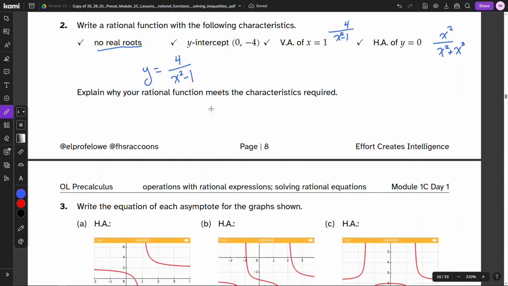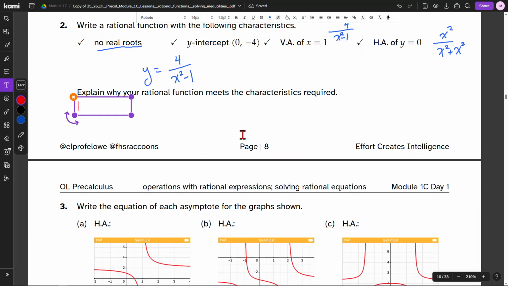And then explain why the rational function meets the characteristics required, right? That is the sort of thing that we need to be sure that we can do. We've already explained it, but let's go ahead and type it out, right? Numerator never 0, so that implies no real roots, right?